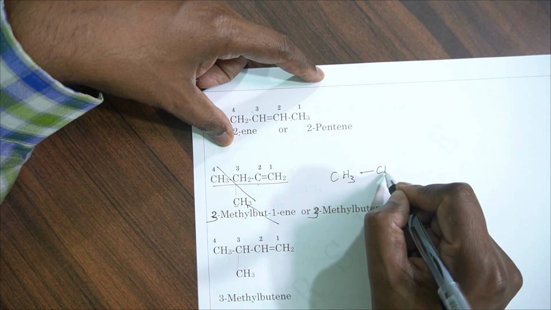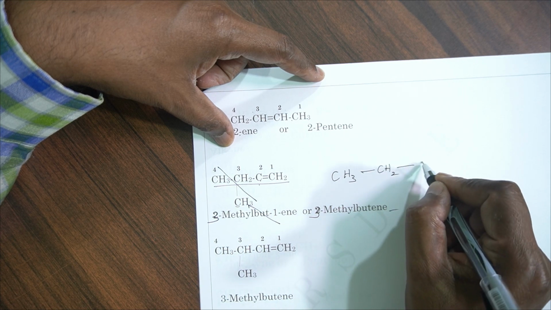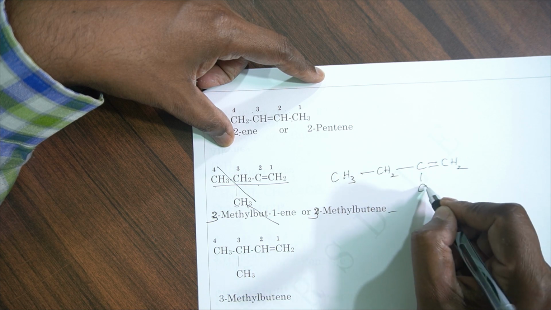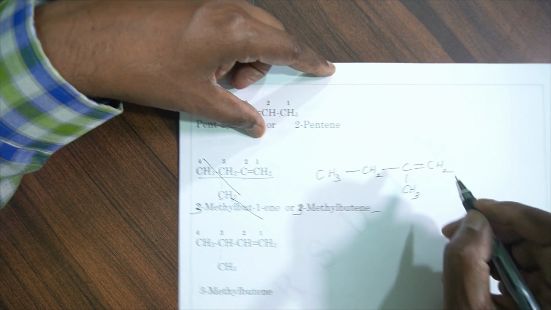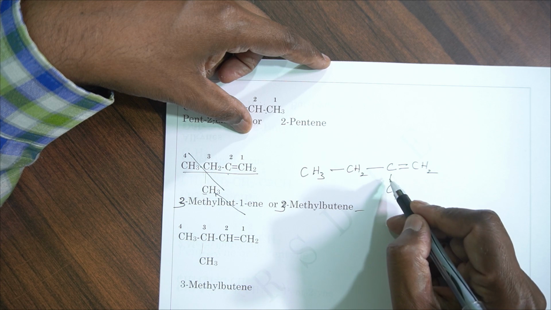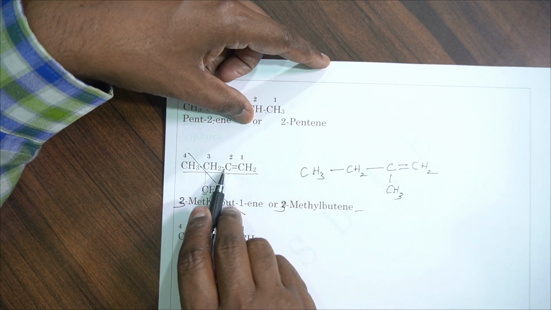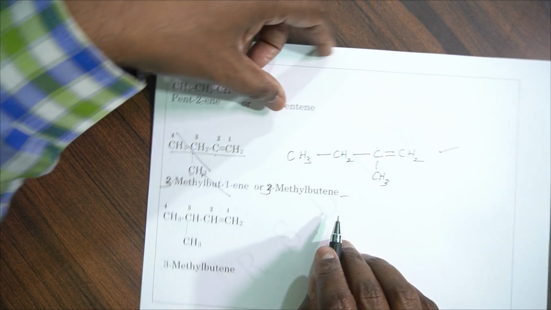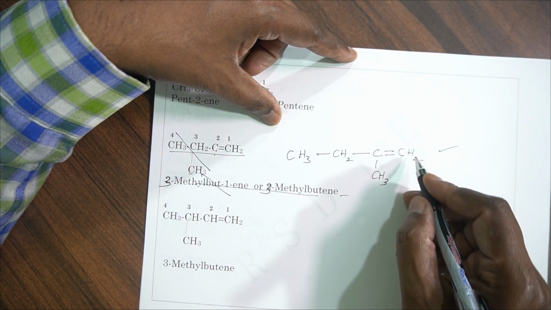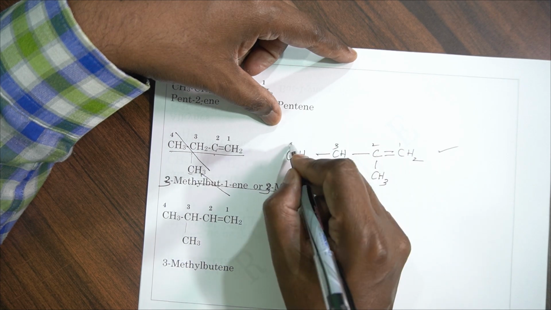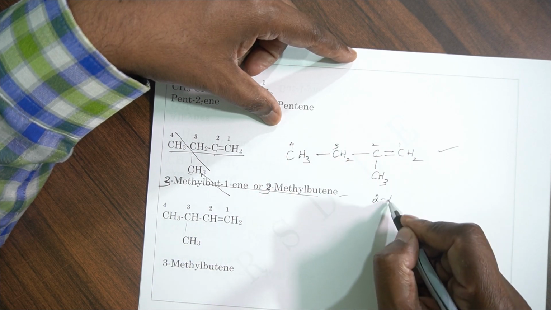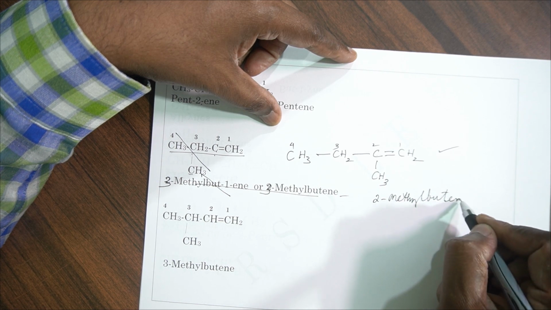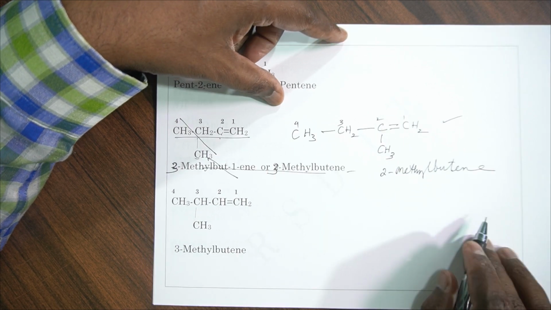CH3, CH2, C double bond CH2, and here is the methyl. Why? Because this carbon has 2, 1, 3 and 1, 4 bonds. It cannot be here. It will make 5 bonds then. So this is the correct structure. So the name as given is correct. So it is 1, 2, 3, 4, that is 2-methylbut-1-ene. 1-ene, 1 is not written, ignored.